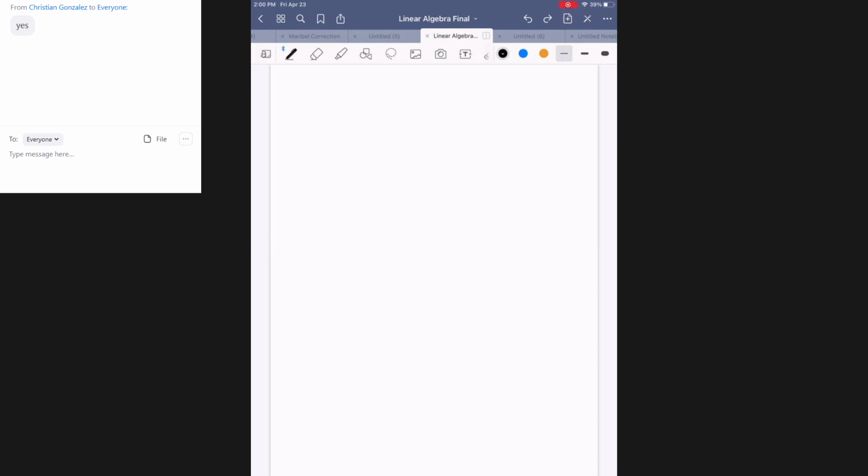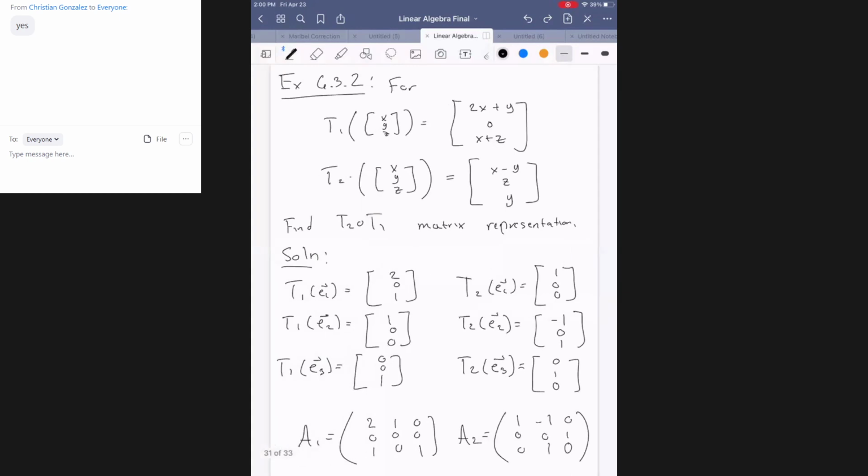All right, so last time we were talking about how we can represent a linear transformation using a matrix. And we talked about how all you had to do was evaluate each vector of the standard basis, and once you do that, you just form the matrix using the columns of whatever's the output.